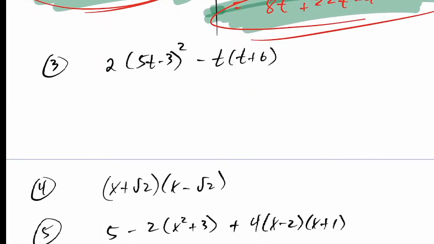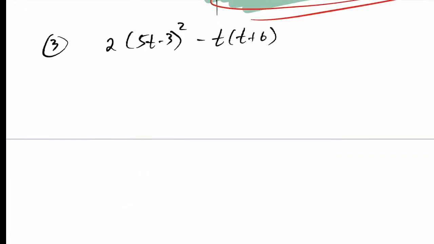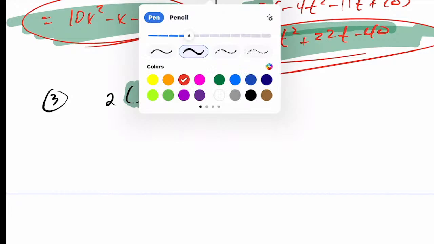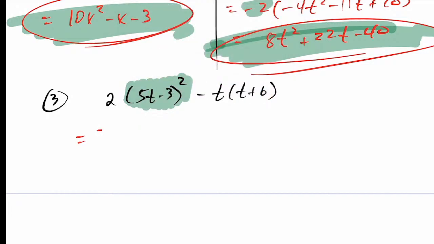Number 3 here, I can take up 3. So if you're tackling number 3, again, you want the coefficient for the end. So what I'm going to do here is write down that 2, and then expand this out. So you're going to square the first. The first times second times 2 is going to give you minus 30t. Plus square the last, so you get your 9.